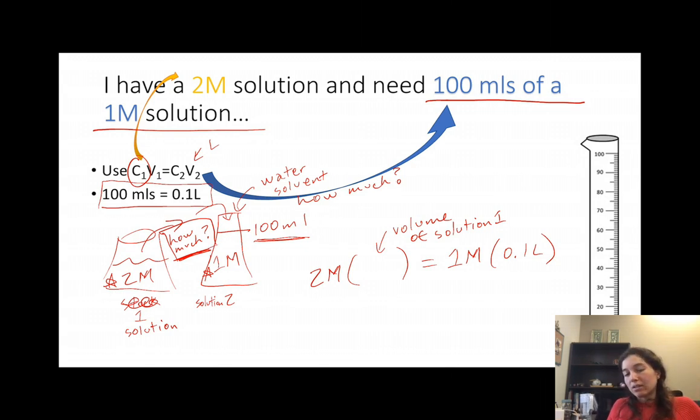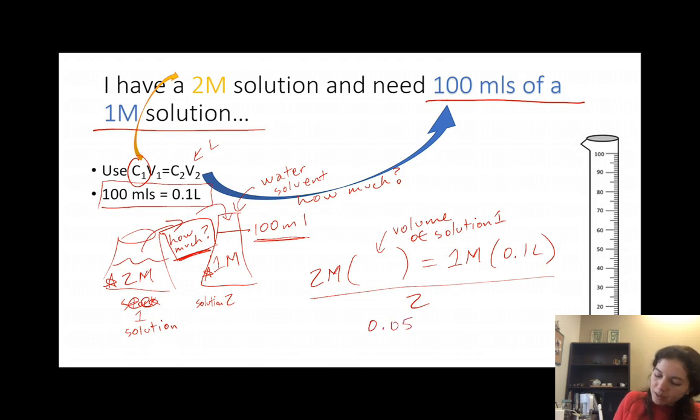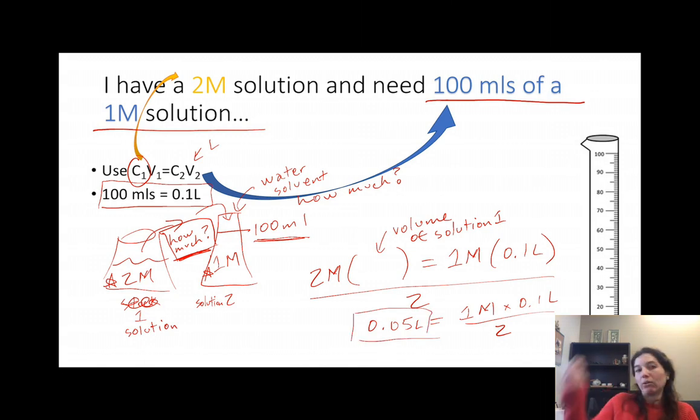If you plug this into your calculator, you find that when you divide both sides by 2, you end up with 0.05 is equal to 1 molar times 0.1 liters divided by 2. So this is how many liters we need to pull out of our first flask.